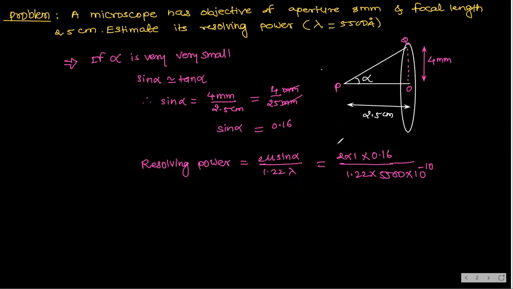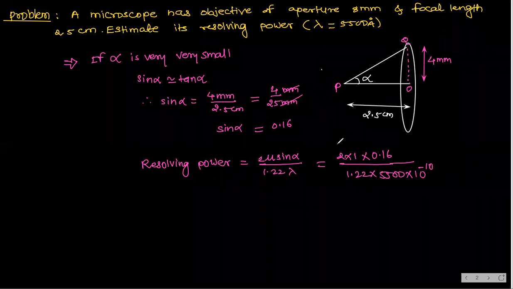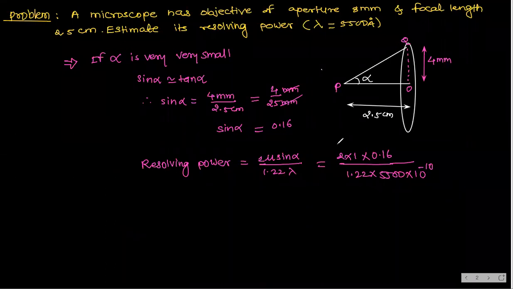Any other answer? 4.769. देखो, और किसी को आ रहा है आंसर? 476900. ओके, तो ये आ जाएगा 47690 ओनली. ओके, एक जीरो का मारा. चेक करो, कैलकुलेशन चेक करो.